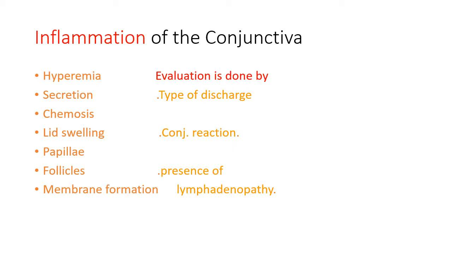So inflammation of conjunctiva has hyperemia, secretion, chemosis, lid swelling, papillae, follicles, membrane formation. These are the reactions of conjunctiva to the insult. And we evaluate a case of conjunctivitis by type of discharge, the reaction of conjunctiva, and presence or absence of lymphadenopathy.